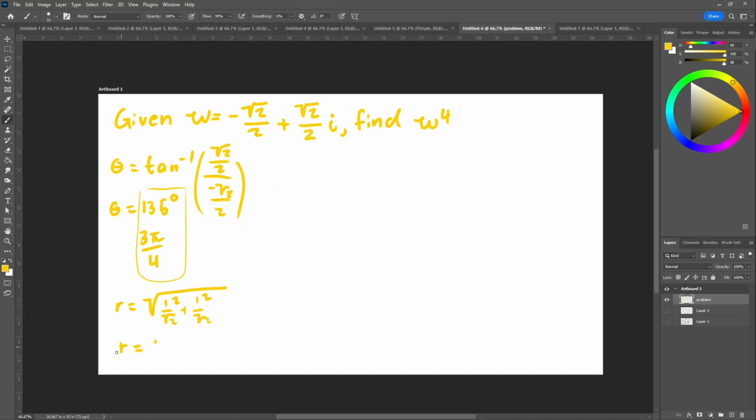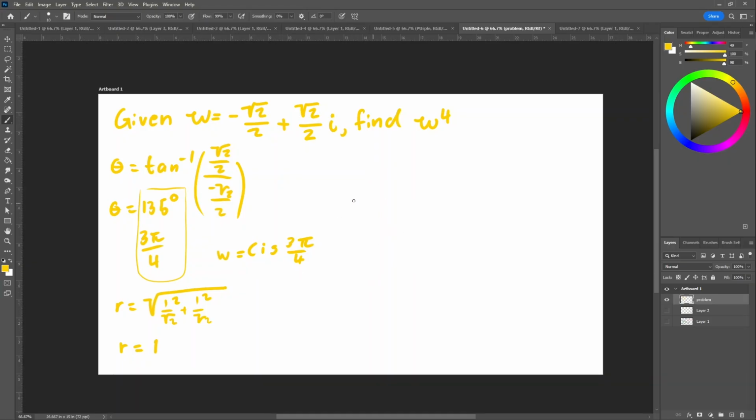So since we have that, we can just convert that into polar. W is equal to 1 cis 3 pi over 4.